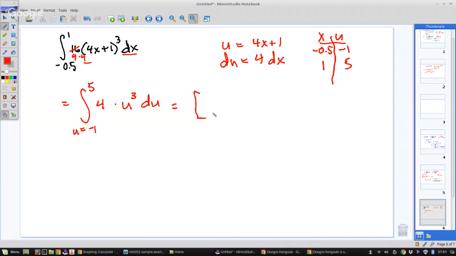So the antiderivative here would be 4 times u raised to the fourth divided by 4. Well, that's nice. The 4 would cancel for us. And then I just have to evaluate this from -1 to 5. So that's going to be 5 to the 4th power minus -1 to the 4th power. Parentheses are important.